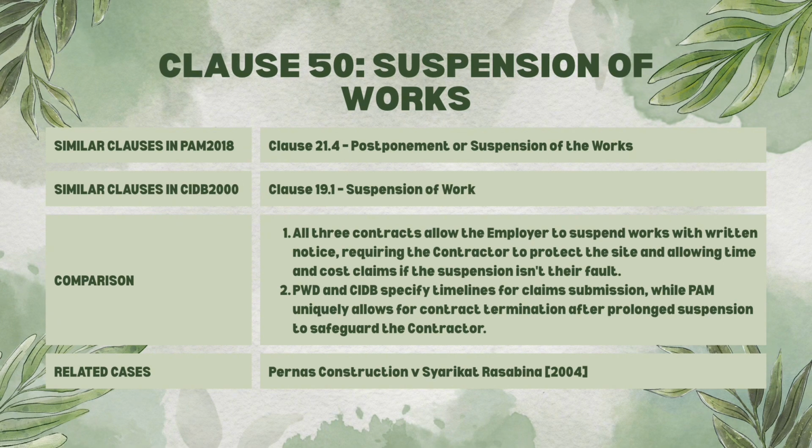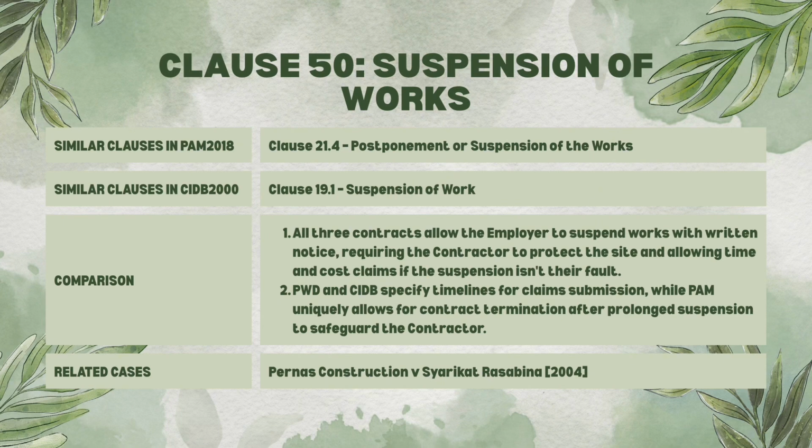The facts are Pernas Construction, the main contractor, engaged Syarikat Rasa Bina, the subcontractor, to carry out piling works. There were delays in commencing and continuation of work due to suspension instructions issued by the main contractor. Eventually, the subcontractor terminated the subcontract, claiming that the prolonged suspension amounted to a repudiatory breach. The main contractor disputed this and counterclaimed for breach of contract.